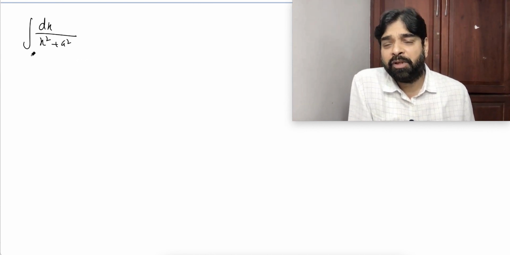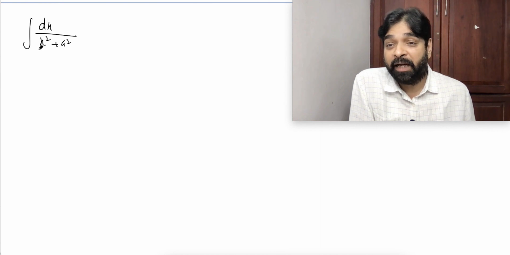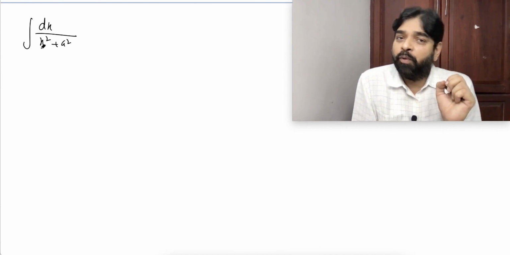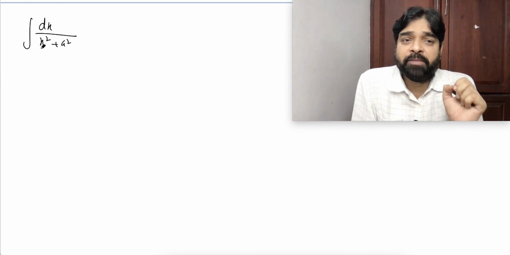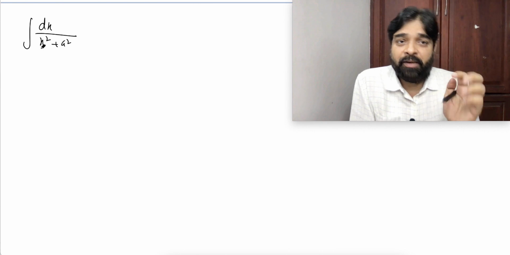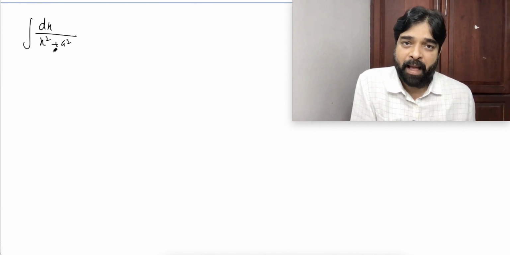Why, sir, substitution? Because the root is not there. Why are you doing substitution? Root is not there, no problem. But the problem is that we don't have any formula for dx by quadratic. So we will try to factorize. We will not be able to factorize because there is no minus either. Am I right?